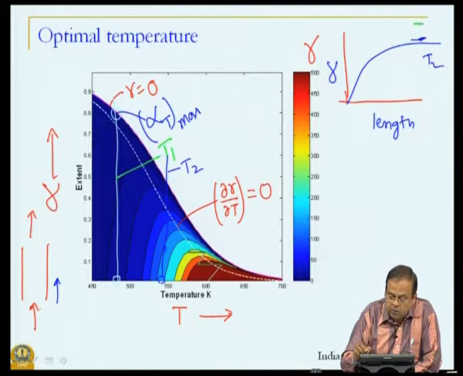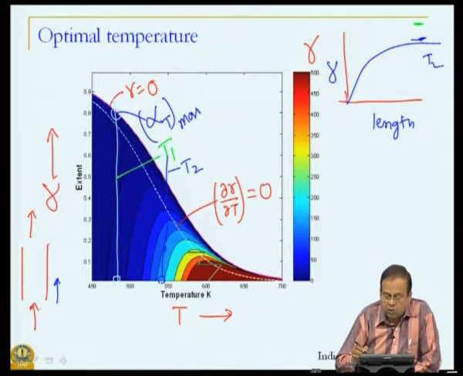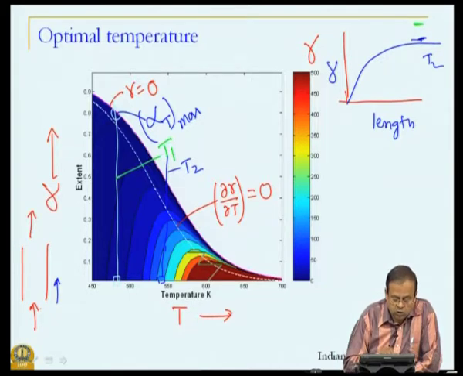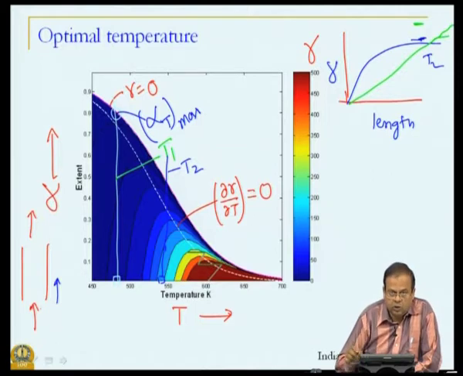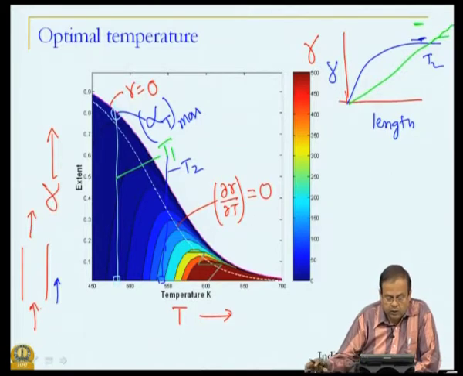At temperature T1 my equilibrium conversion is higher, but the rate is low compared to this temperature. So, I will take an enormously long time to reach that saturation, if at all I reach it.